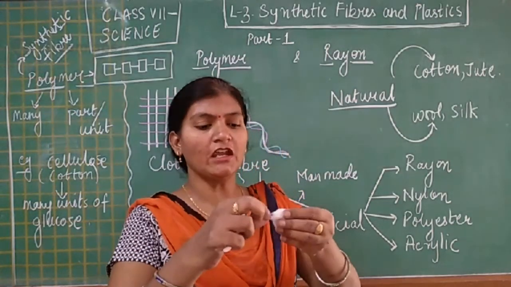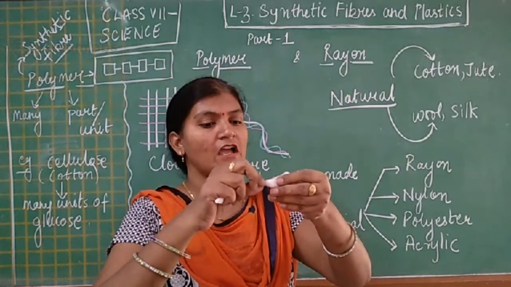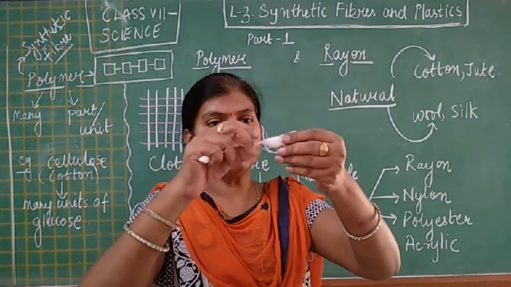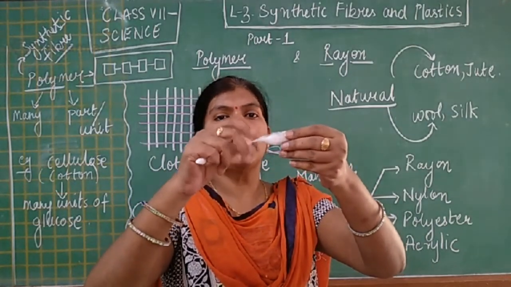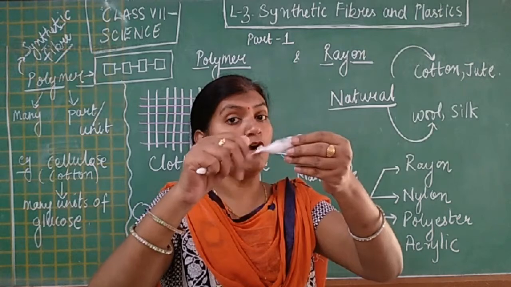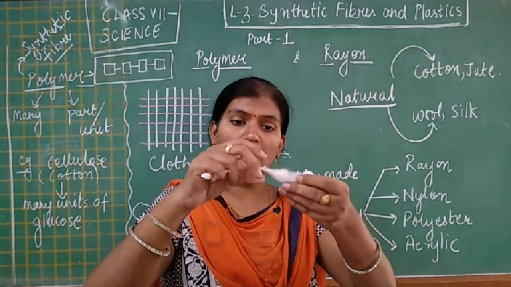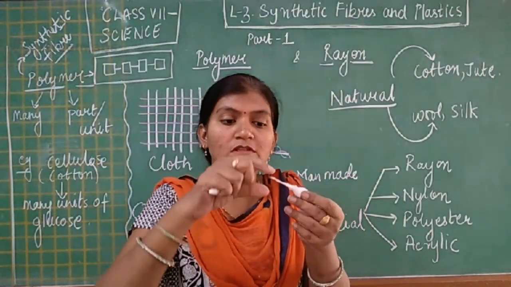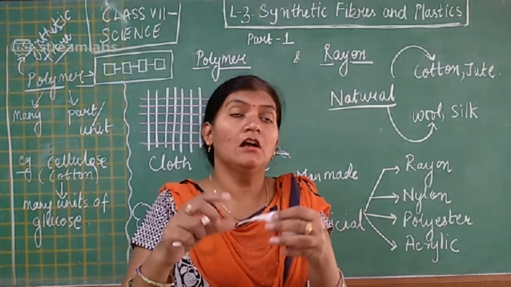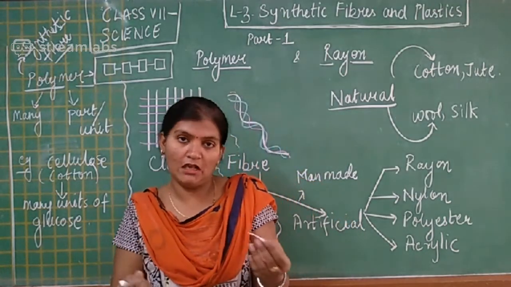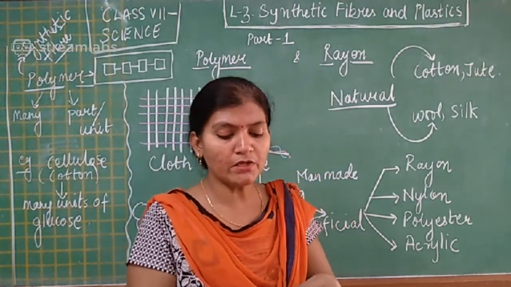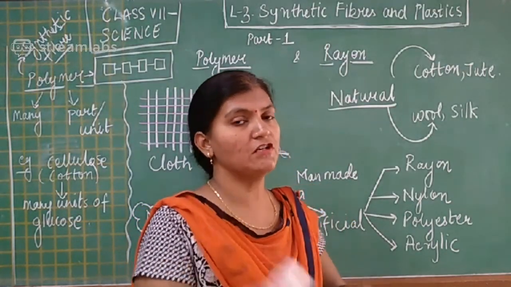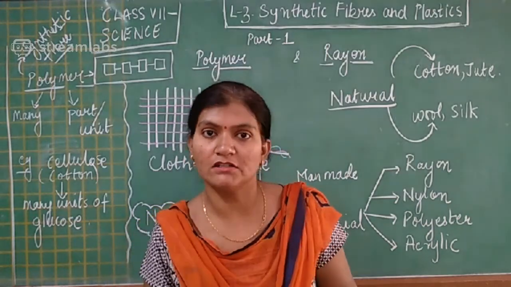If you take it out and just twist it, you can make fiber, and in this way you can make a wick for the diya, for lighting the diya with the help of oil or ghee. So this cotton is utilized for making fiber, and the name of the fabric is cotton fabric.